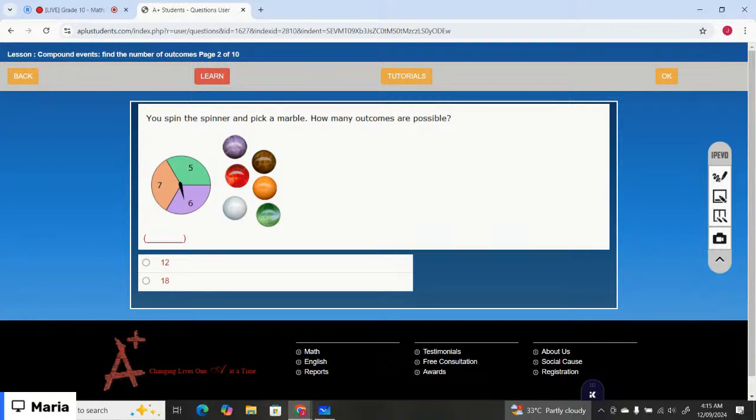You spin the spinner and pick a marble. How many outcomes are possible? So which is the correct option?